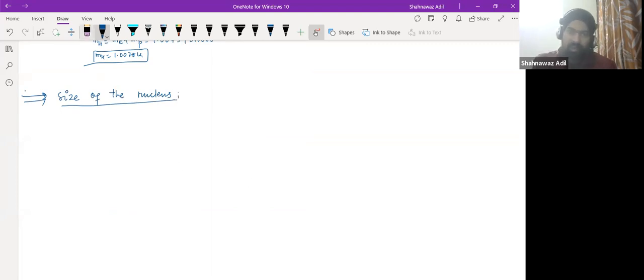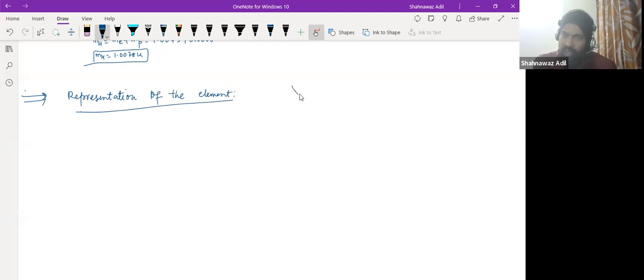Before we do that, how do we represent an element? Let's say we have this element X. This element is represented by its mass number and its atomic number.